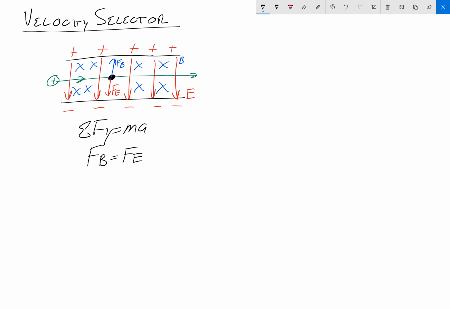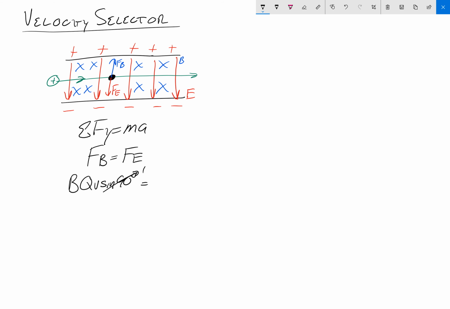Hopefully you also know which equation to be using here. Is this BIL or BQV? Is it a wire or a moving charge? Literally, QV, charge moving. I think you know. BQV, this will be sine 90 again because it's perpendicular. The velocity is perpendicular to the direction of the field, so that's just one.